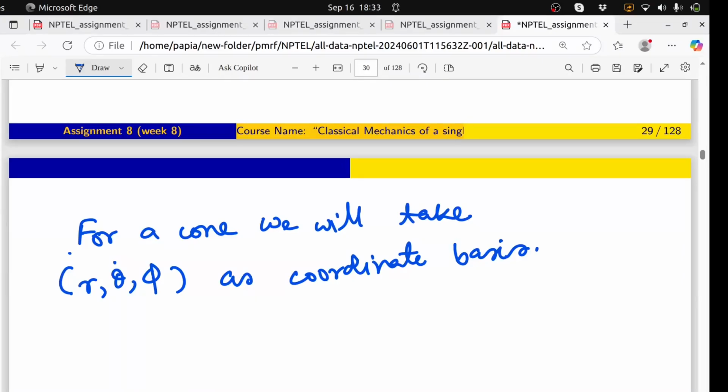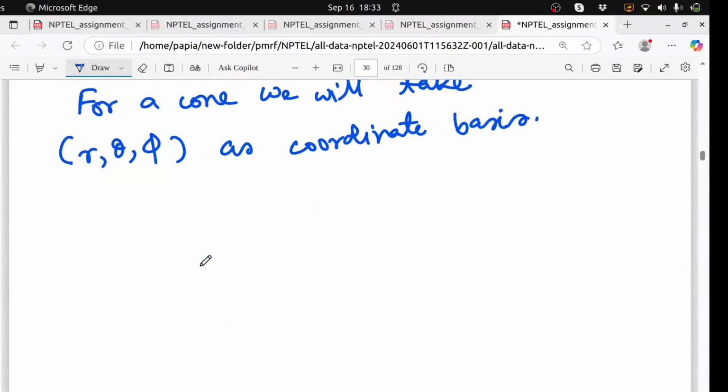Now we need to know what r, theta and phi are in this case. R is the distance from the origin.